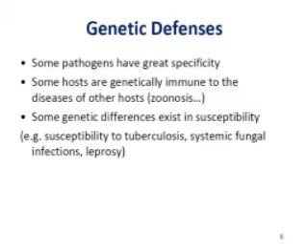A lot of times the hosts are genetically immune to a disease of another host, so that would be an example of us not transferring any diseases to other organisms, because those hosts are different and wouldn't be affected by it. And then there are even some differences where people with a certain genetic setup are less susceptible to diseases like tuberculosis or fungal infections, etc.